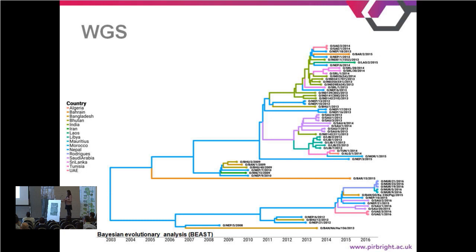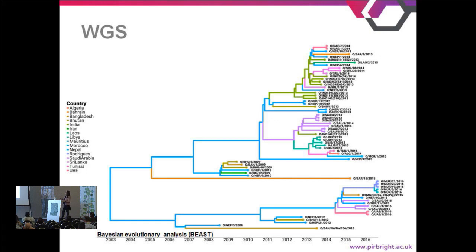There are two major groupings within the tree, two major clusters, and viruses represented in both of the clusters were collected from outbreak events.